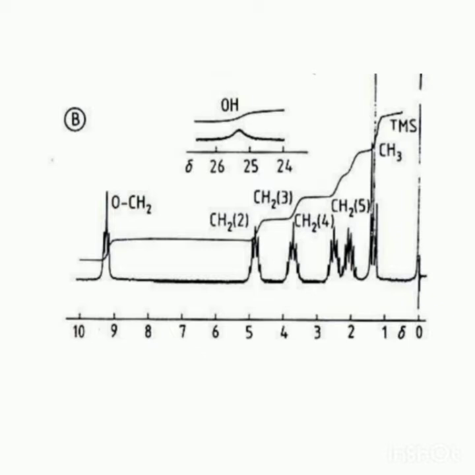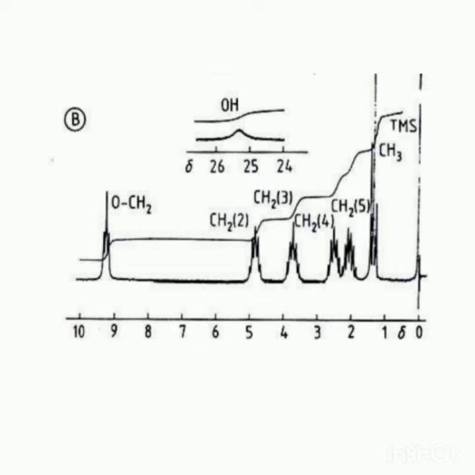The spectral peaks are very close to each other in that case, and we are unable to distinguish those spectral peaks in a proper manner. But during the application of this NMR shift reagent, we can easily differentiate the spectral peaks in a perfect manner.